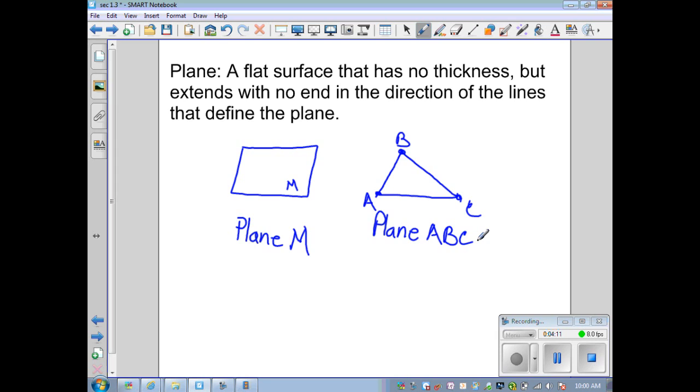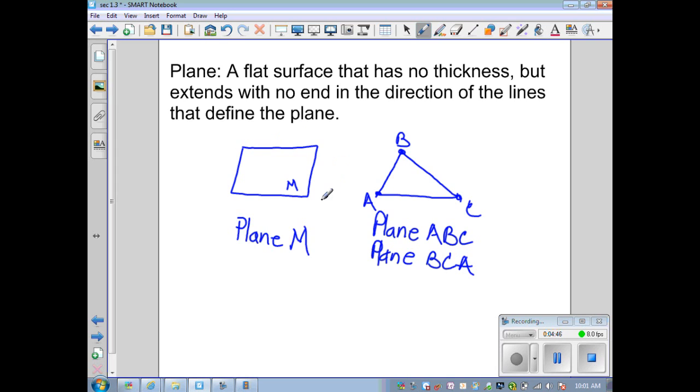Or again, I could rearrange the letters and it would still represent the same plane, BCA. And I could rearrange these figures till I exhaust all the options. But I think you get the idea that I can name this figure in any rotation of my letters.